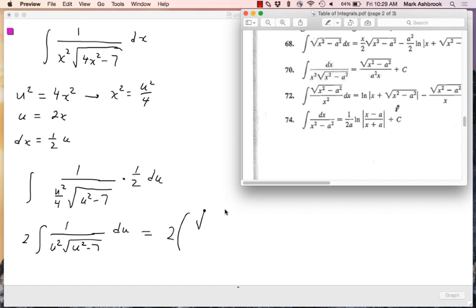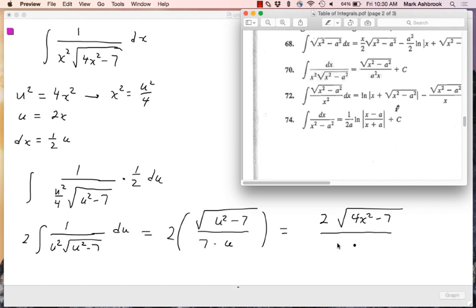Square root of u squared minus 7 all over my a squared, which is 7, times u. And now I can change it back into x. What's u and what's u squared? And what is u? 2x.